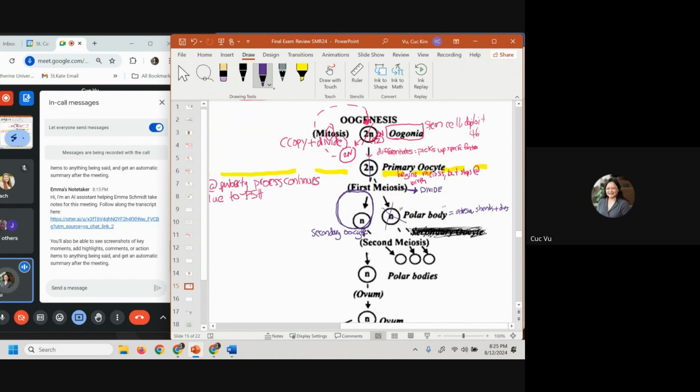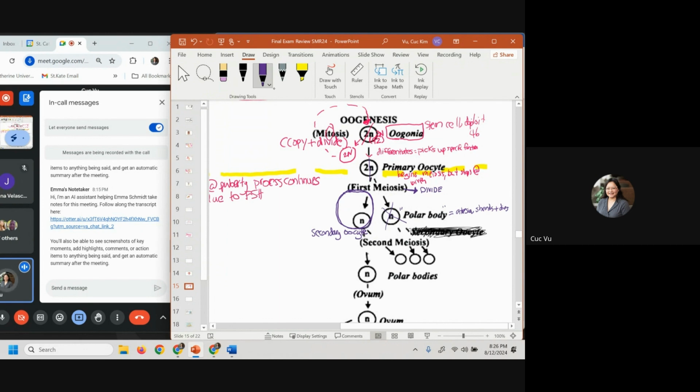From the primary oocyte, even though you produce 2 cells, one of them becomes a polar body and undergoes atresia. So really, the end result of meiosis 1 is one secondary oocyte. But now that secondary oocyte has how many chromosomes? 23. Excellent. Exactly.